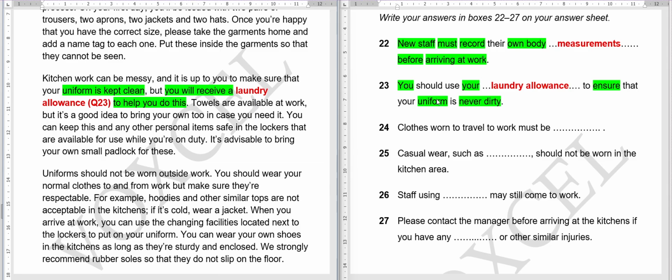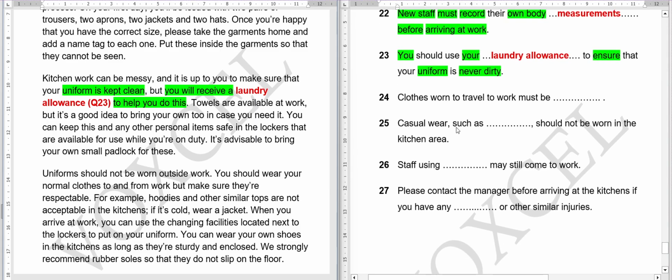Okay. So moving on to the next question, number 24. Clothes worn to travel to work must be. So now they're talking about clothes that you wear to travel to work, basically from your home to your work. They must be what? Like must be clean, must be formals, must be tidy, something like that.